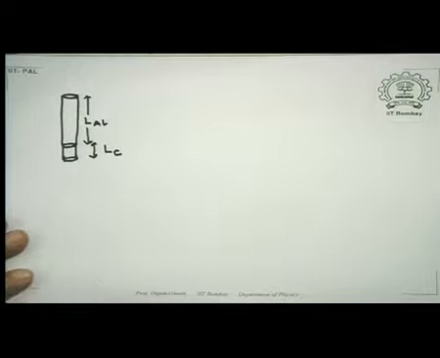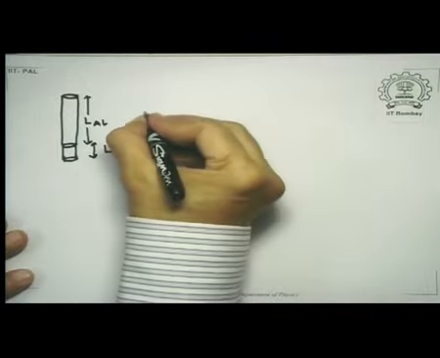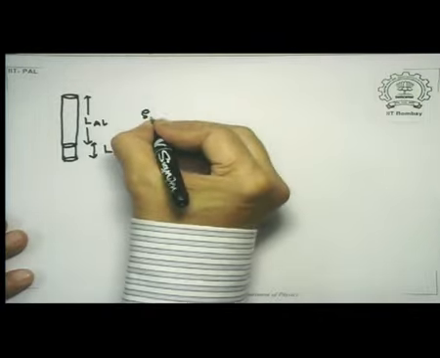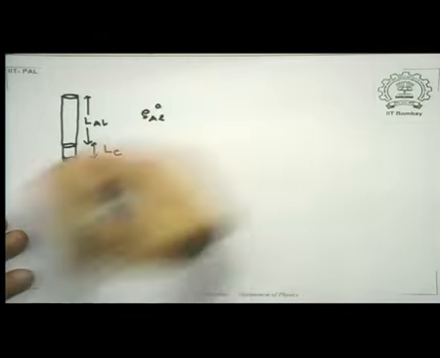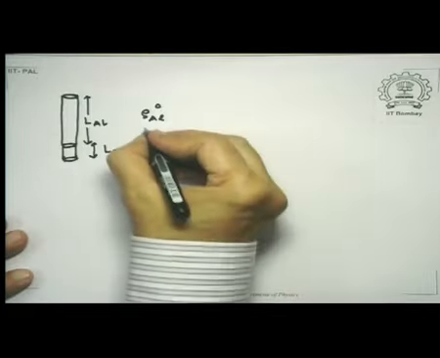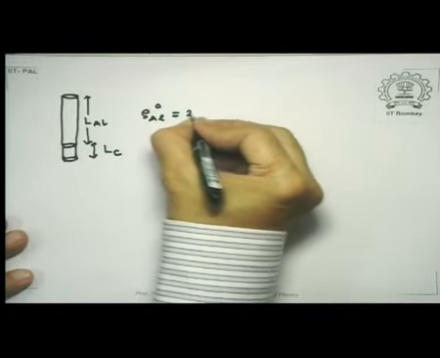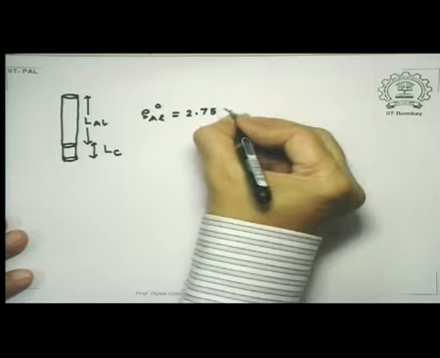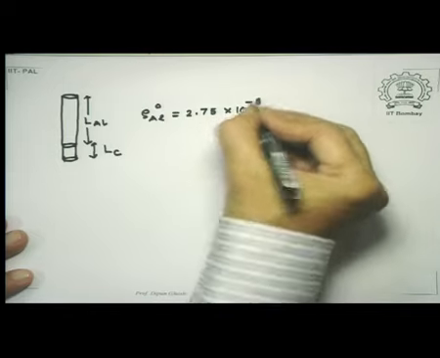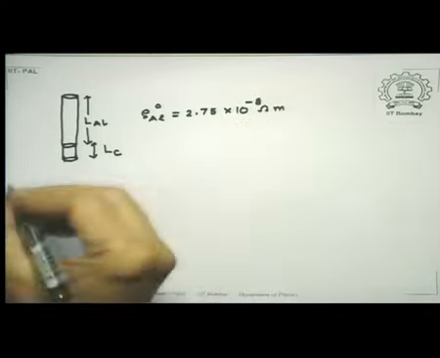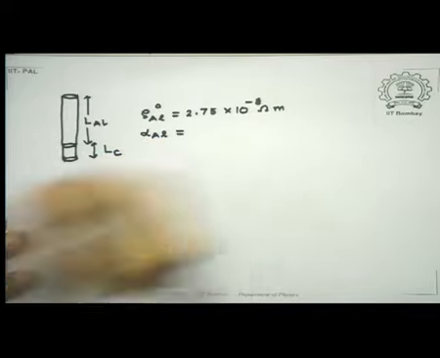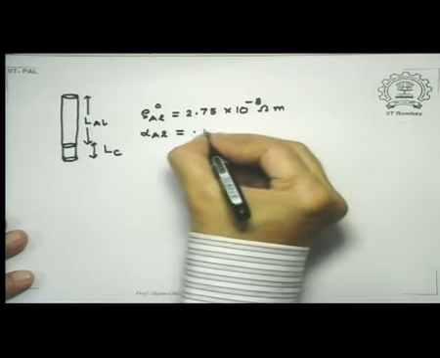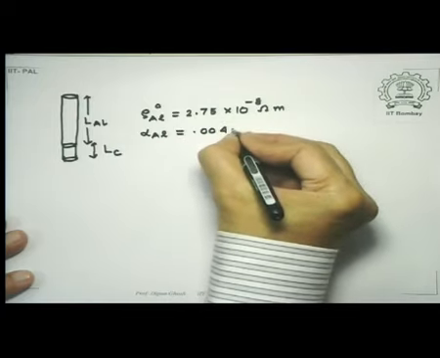And the data that is given to us are the following: the resistivity for aluminum at 0 degrees is 2.75 into 10 to the power minus 8 ohm meter, and its alpha value, alpha aluminum, that is the temperature coefficient of resistivity, is 0.004 per degree centigrade.